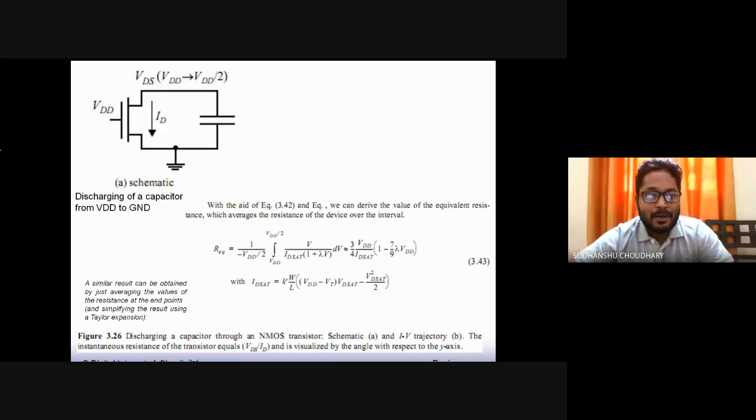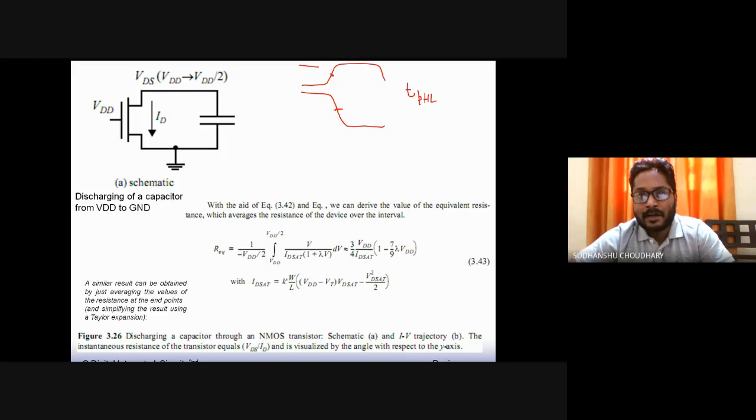In a CMOS inverter, we had seen while calculating the TPHL, that is, when we were calculating the propagation delay from high to low, we were interested in calculating the delay between the 50% times of the input and output. Let's say this is my input here.